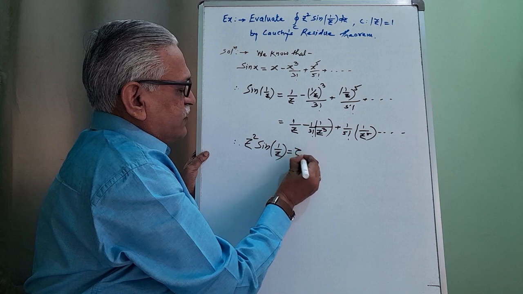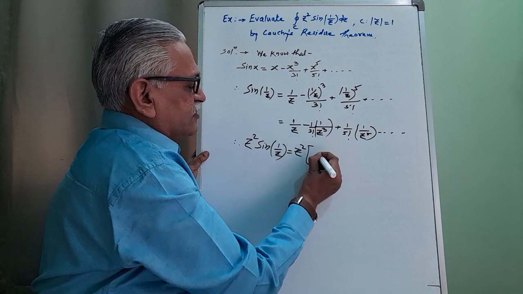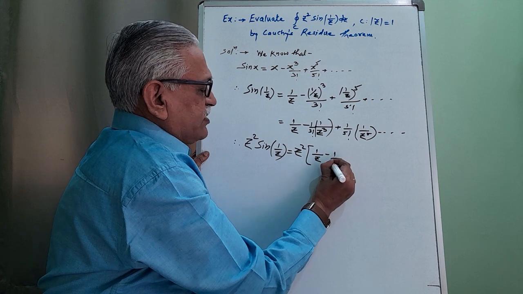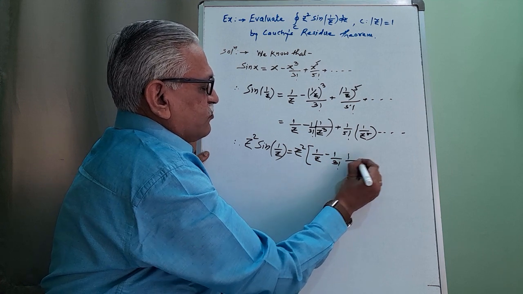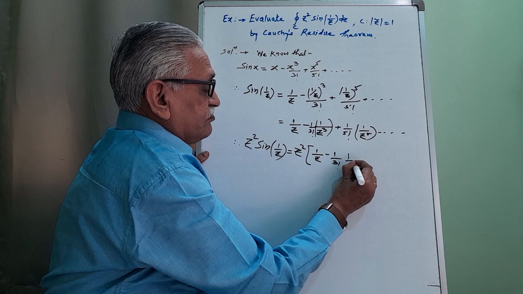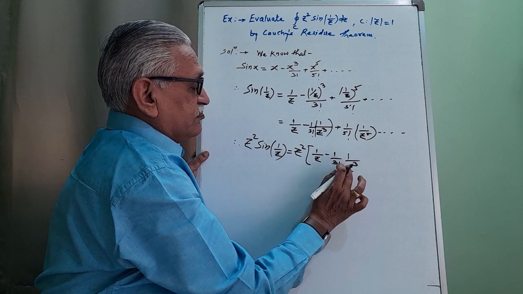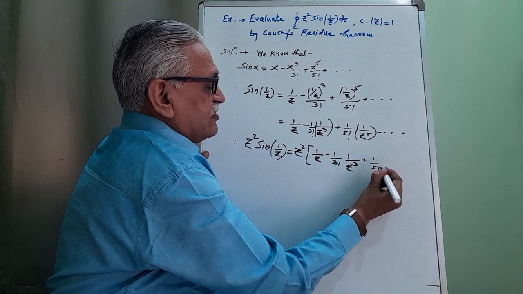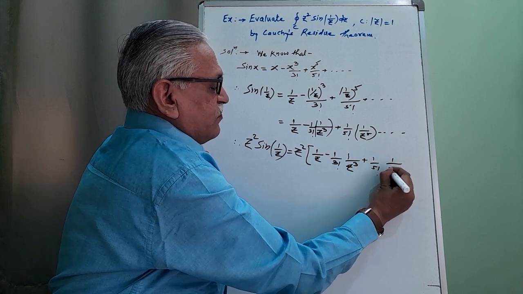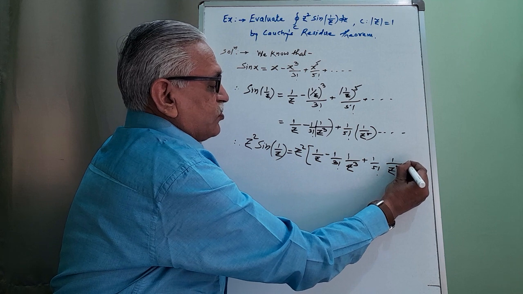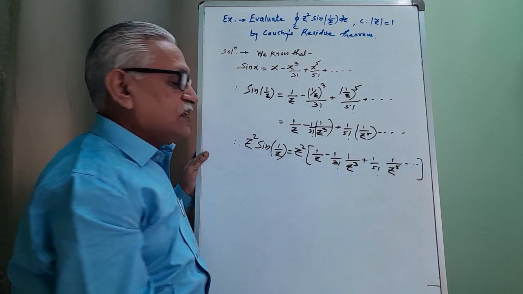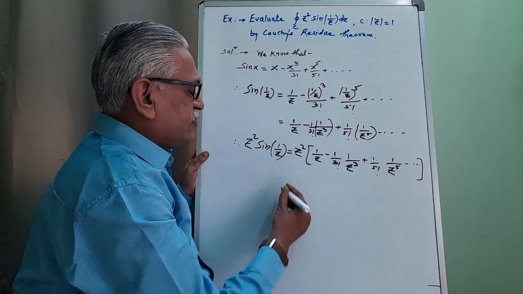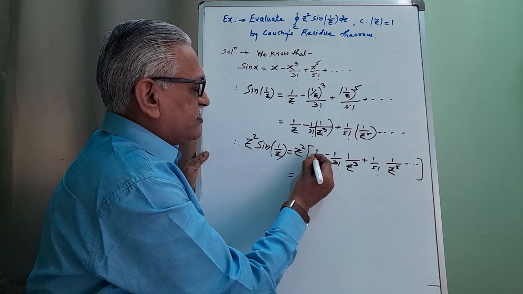as z square multiplied by this series with the term 1 by z, next 1 by 3 factorial into 1 by z cube, next 1 by 5 factorial into 1 by z raised to 5 and so on. Multiplying inside this bracket by z square, we get the first term of that series as z.